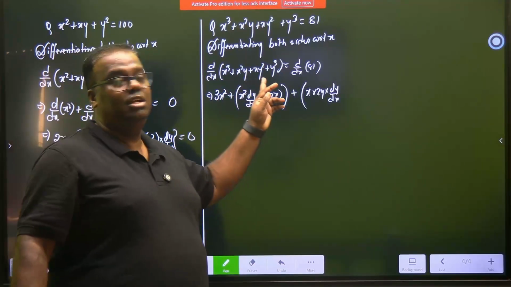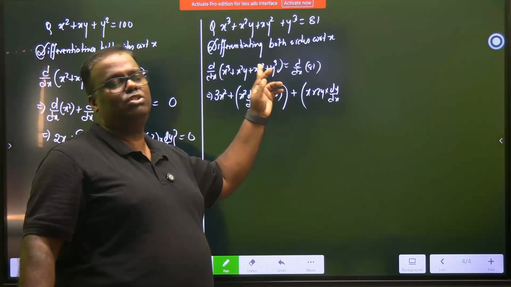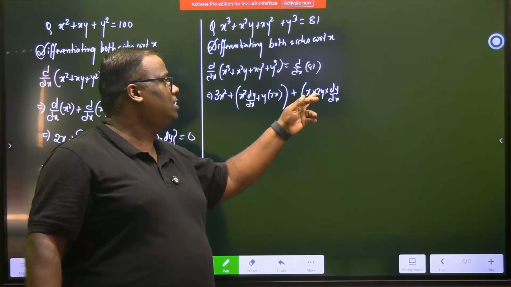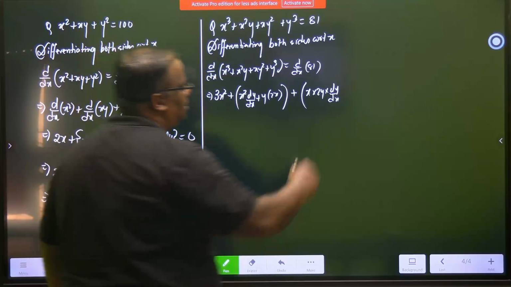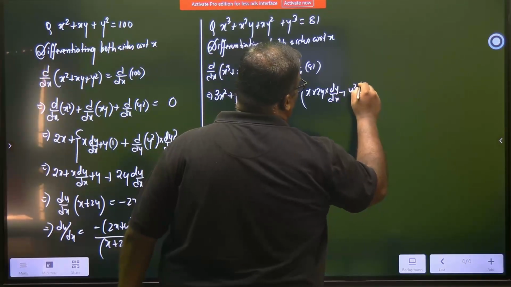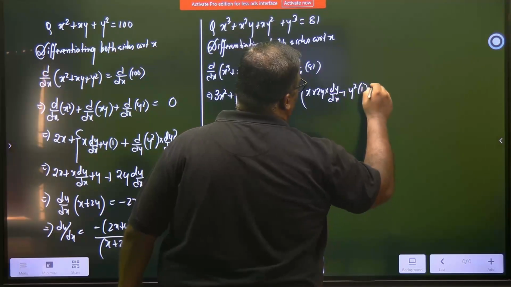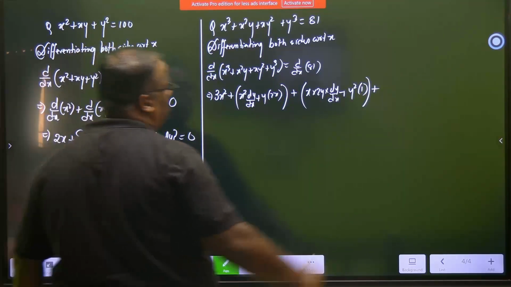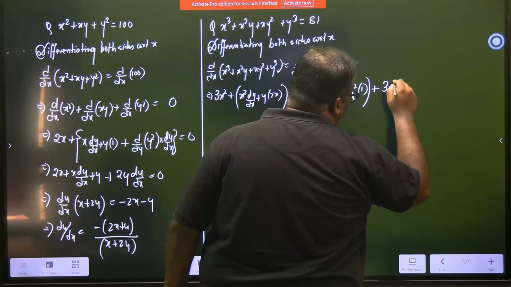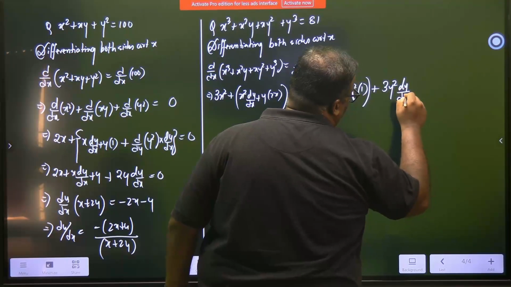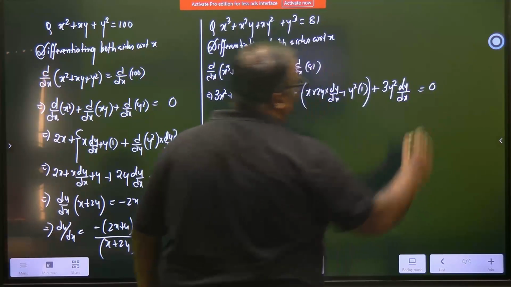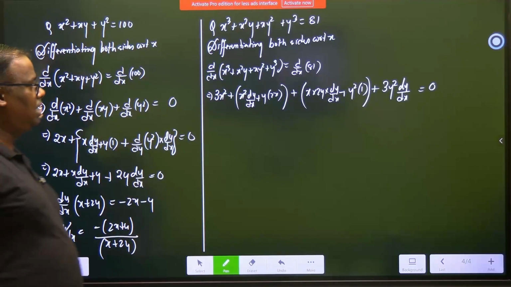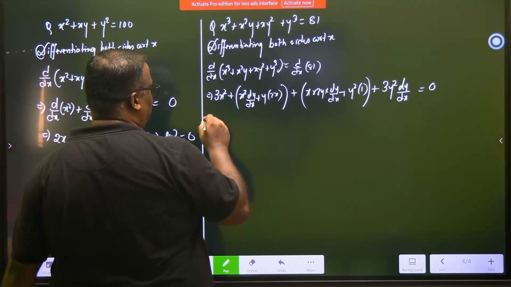First function into d/dx of y squared, which is d/dy of y squared into dy by dx, plus second function into d/dx of first function. Plus again I have to differentiate y cubed. Y cubed would be what, beta? Y cubed would be 3y squared dy by dx. Did you understand this? Clear? Things are getting into shape, the animal is now tamed a little bit.